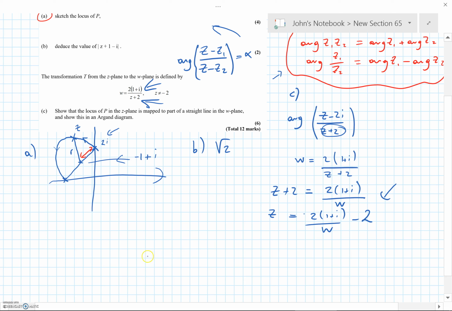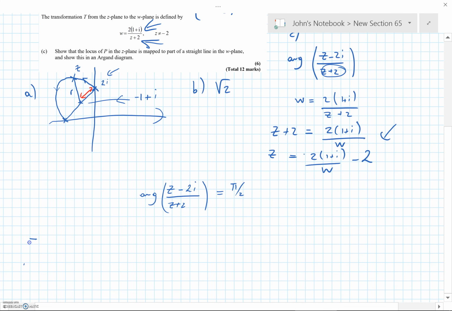So we've got the argument of z minus 2i over z plus 2 equals pi by 2.